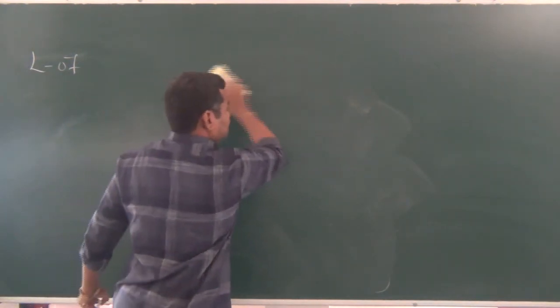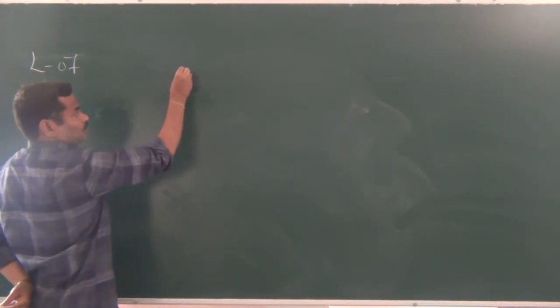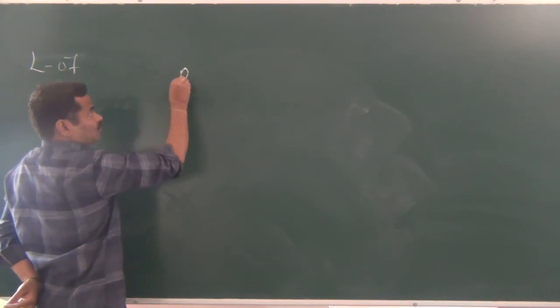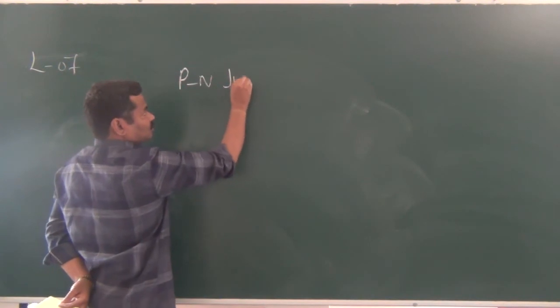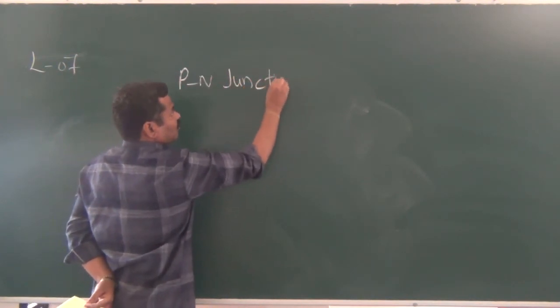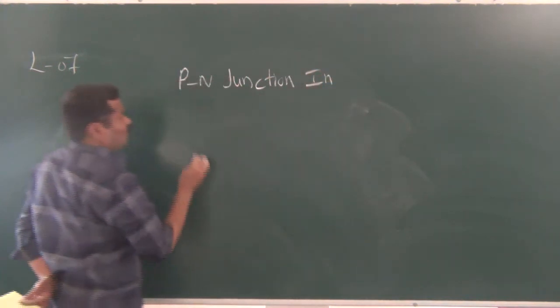Now we go for the PN junction in forward bias.